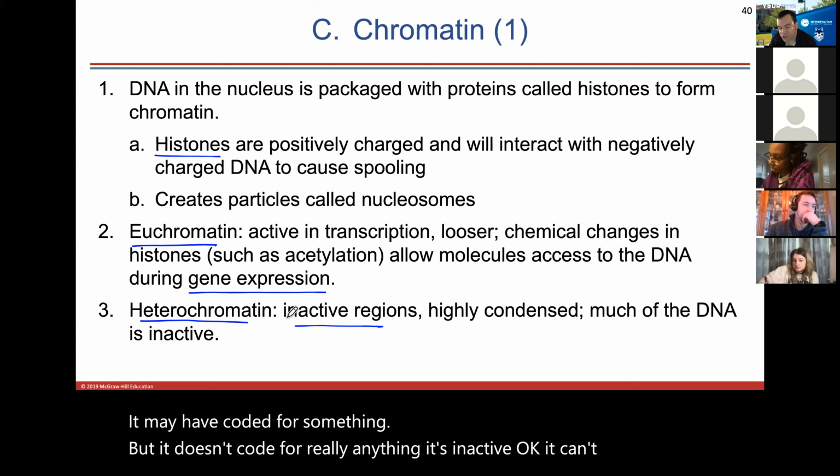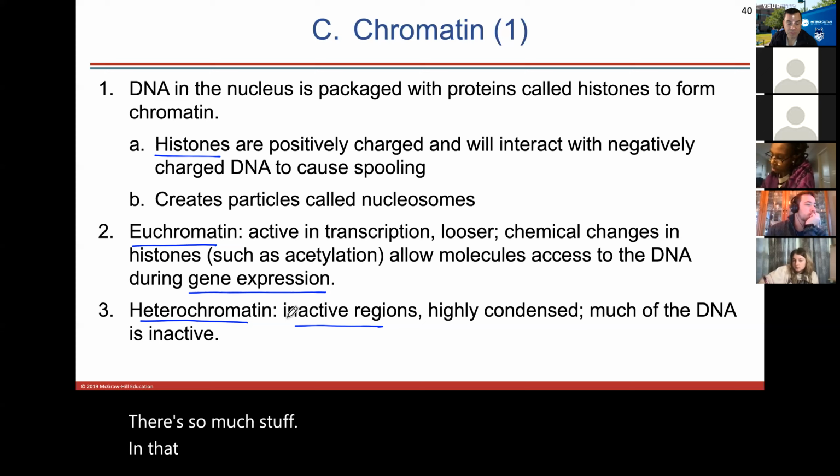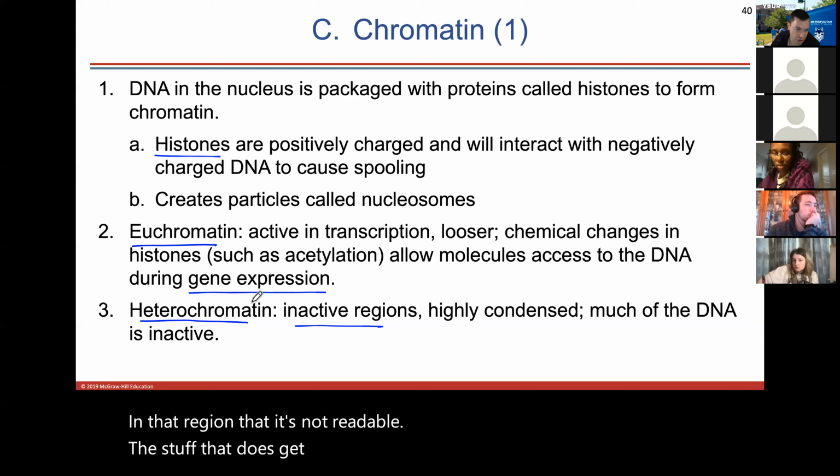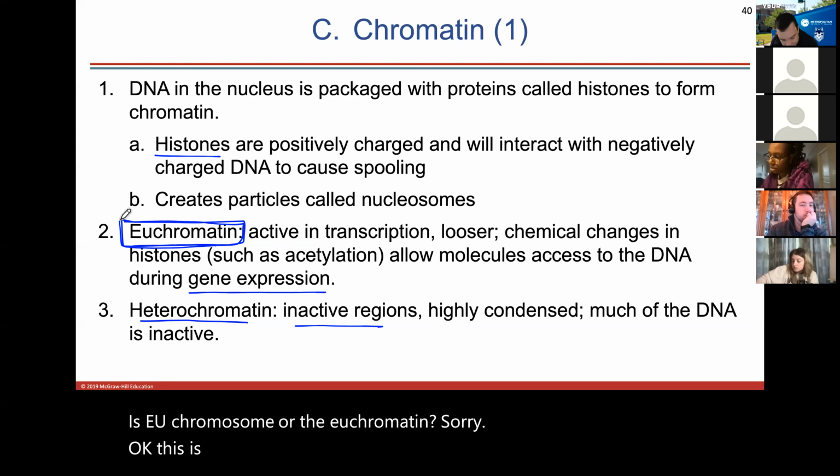The stuff that does get read, the stuff that does get interpreted, is the euchromatin, sorry. This is the stuff that gets read. This is the stuff that was ultimately going to be expressed.